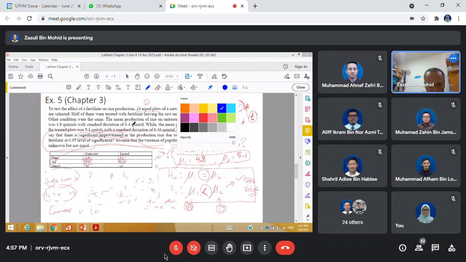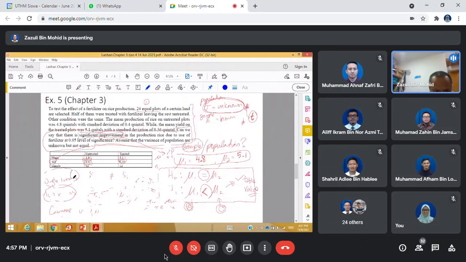This one, you already know that it is a T distribution, and we have to refer to the T table, whereby the hypothesis is H0: mu1 equal to mu2, H1: mu1 is smaller than mu2.